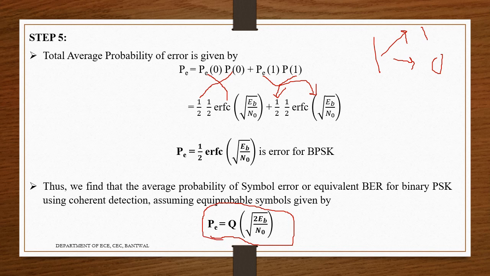Okay, the same thing, because for both cases it will be the same. Once we find it for 0, we can do it for 1. Once we find it for 1, we can use it for 0. So this will never change. This is how we need to do it.